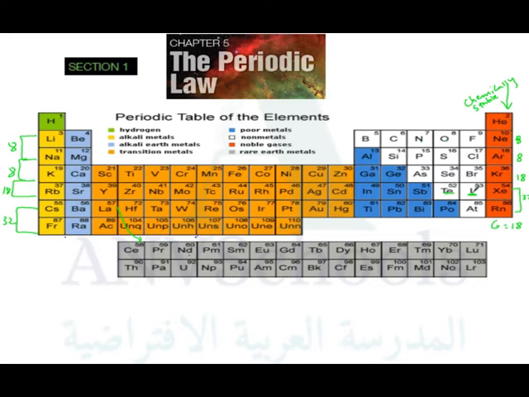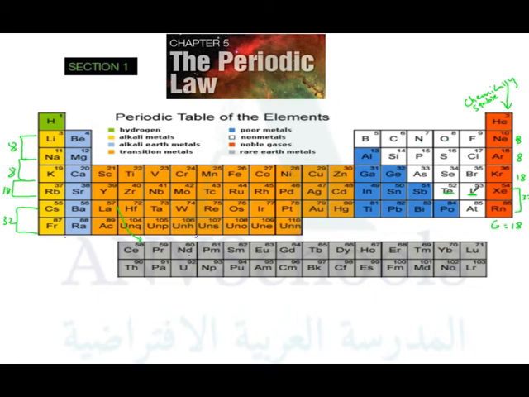So elements fit the pattern better when arranged in increasing order of nuclear charge. Arranging elements using nuclear charge is the best way, so that we can avoid every anomalous behavior. So whenever you have atomic number, things can be arranged in this way.